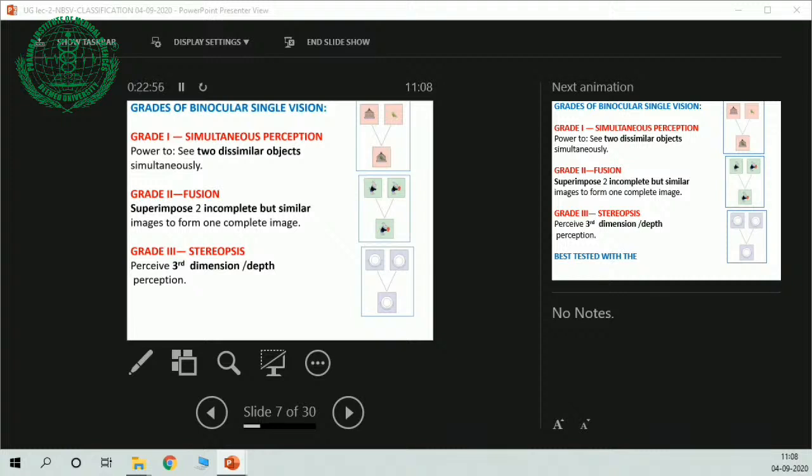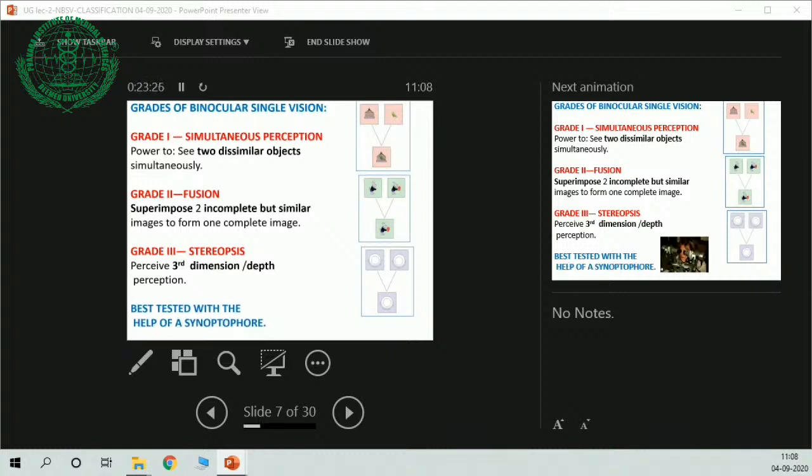So some grade of binocular single vision will still be maintained. And when simultaneous perception is also not there, then binocular single vision is not there, and the person uses one eye at a time. If a person is having some vision in both eyes, then the person may be using one eye at a time. That's all.